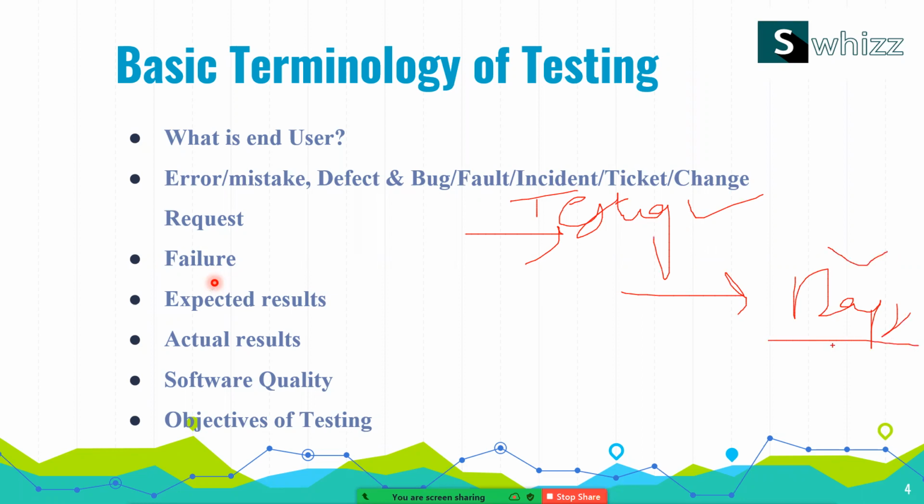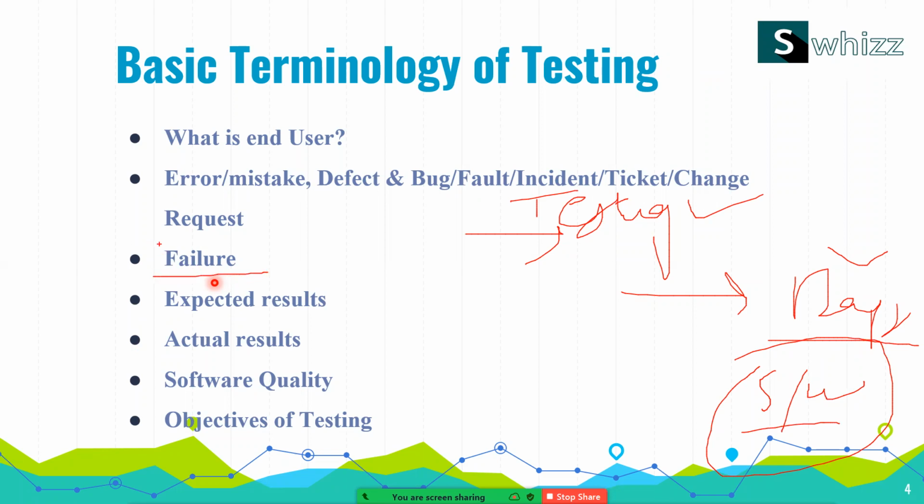After delivery, whenever the software is under production, we call this phase the production phase. At this time, if the client finds mistakes, nothing but some deviation between your expected and the actual results, we should call it a failure.